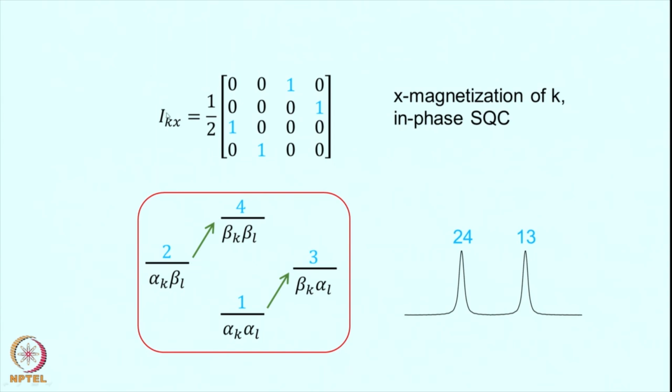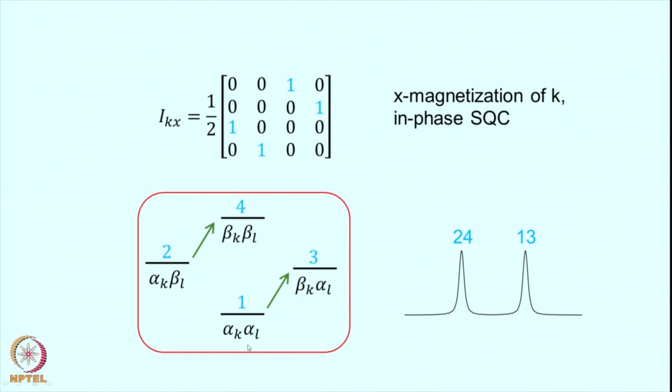So if I take Kx, I put the same matrix here and you see this is the 1,3 coherence and these are the energy levels of the two spins. 1 2 3 4, this is the 1,3 transition, right. So 1,3 transition is this, 1,3 coherence is this, and here it is a K spin which is flipping.